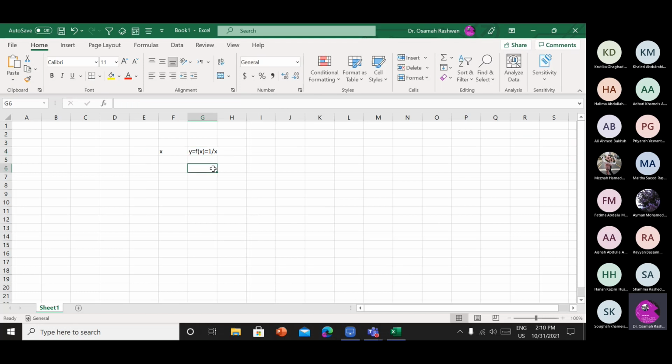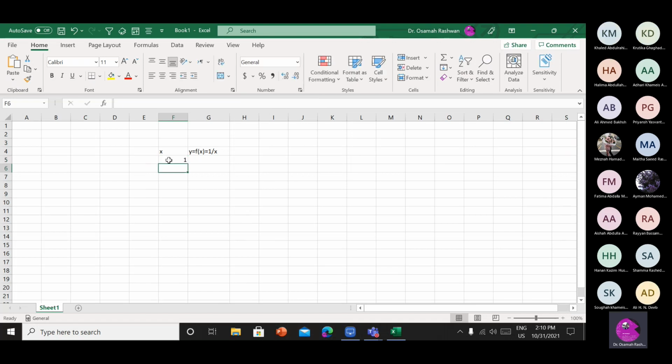I would like to know the behavior of this function when x becomes bigger and bigger. I start with 1, then make it 10, 100, 1000, 10,000, 100,000, and 1 million.